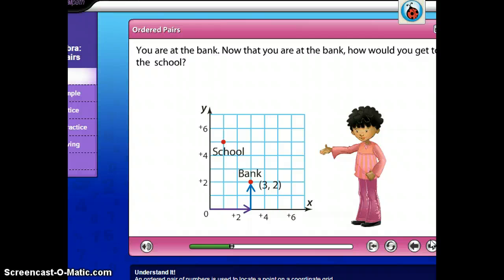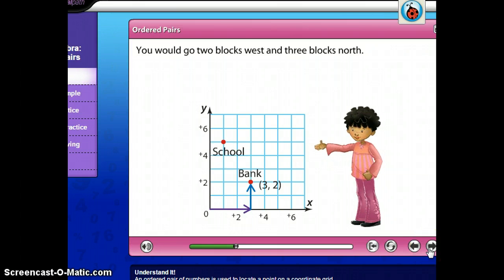We go up 1, 2, 3, and then to the left 2 for this point. This point would be, x goes first, 1, it's not labeled, but this would be 5. 1, 5 would be the ordered pair. You would go 2 blocks west and 3 blocks north.